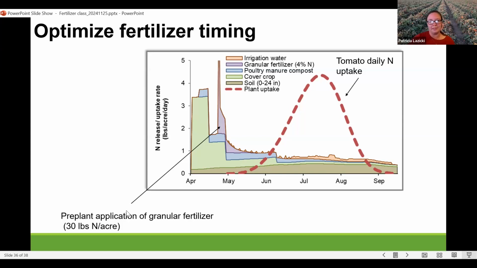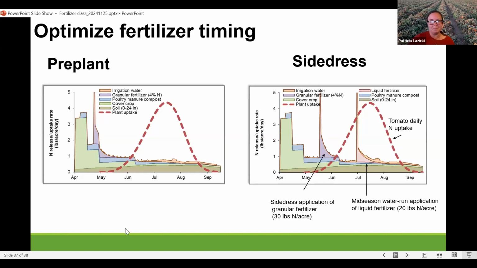And then the second point, specifically for fertilizers, being again that these are materials that you can take advantage of their quick release rate to target some of these applications. So this first graph is modeling what a pre-plant application looks like, and definitely there can be good reasons to do a pre-plant application.